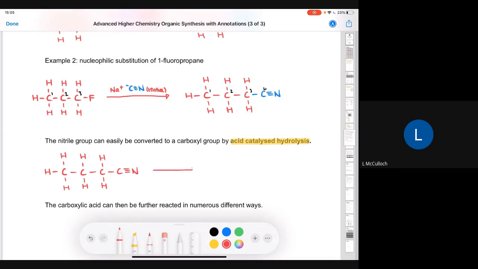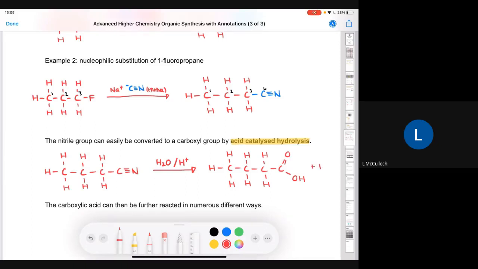So it's an acid catalyzed hydrolysis. Acids all contain H plus ions. So anytime something is acid catalyzed, we're wanting H plus ions, and hydrolysis means it's been reacted with water. So it's going to be water and H plus ions that are our reactants there. And what will happen is we will break that carbon to nitrogen triple bond and replace it with a carboxyl group like so.